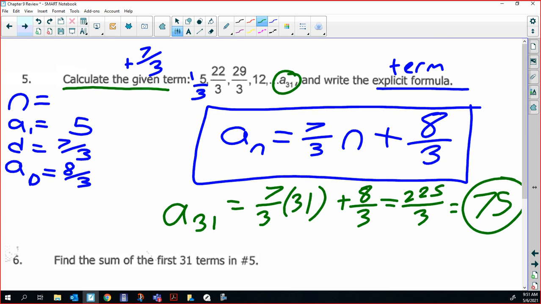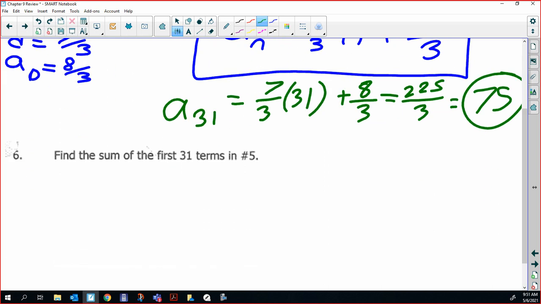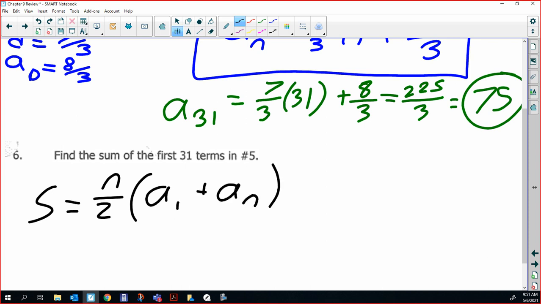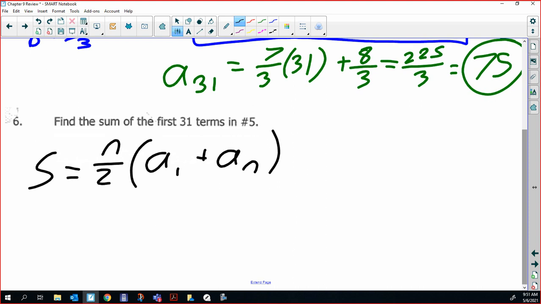Number 9, find the sum of the first 31 terms. So that's the other formula, the sum of the first 31. So in order to find the sum, that's n divided by 2, a1 plus an. We know all these things already. We found them all in this first part. We know n is 31, so it's 31 over 2.